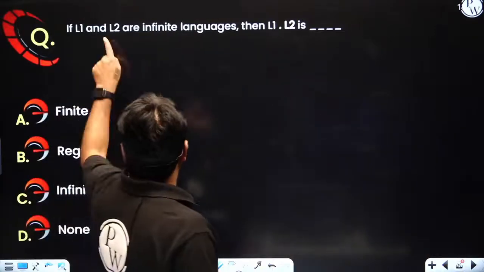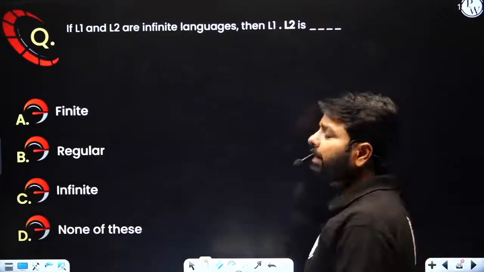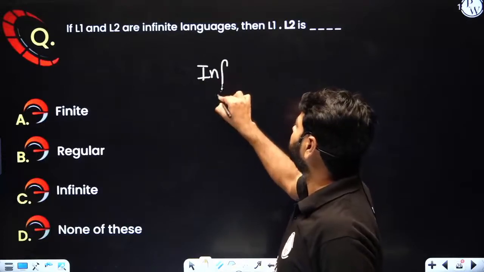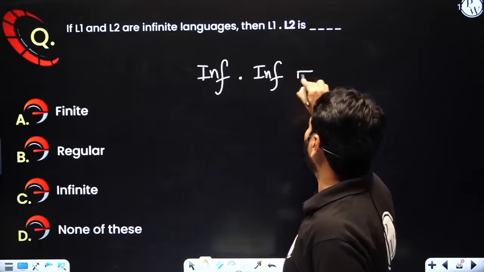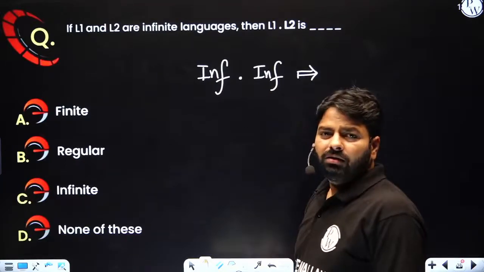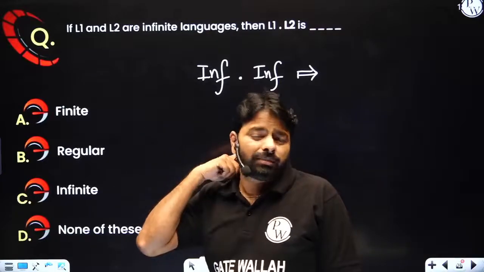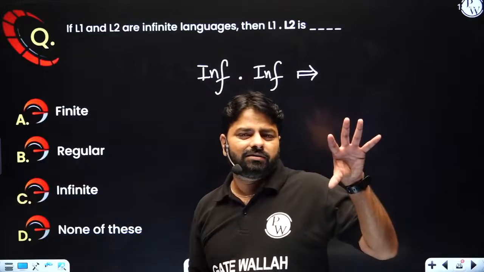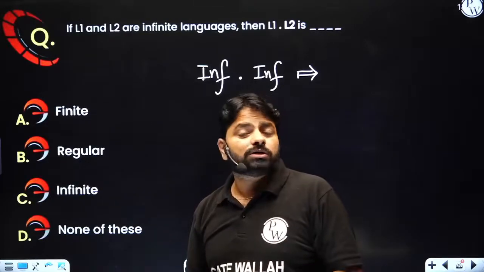Next one. When L1 and L2 are infinite languages, then what is the concatenation of these two infinite languages? An infinite set dot another infinite set, what will be the result? Is there any possibility of finite? Can you try? There is an infinite set, there is another infinite set. When you do the concatenation, it is impossible to be finite.